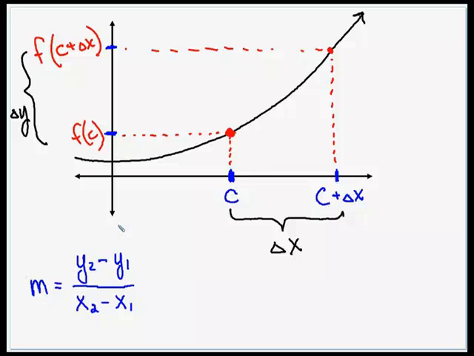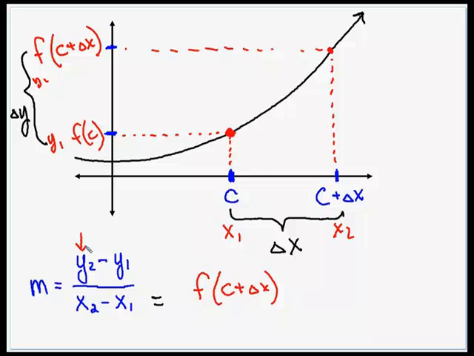So let's take what I have written here in blue, this slope formula, and make it look a little different. Let me switch over to red. Instead of x, y with 2 and 1, here we could think about this as x1 and x2, and then this here would be y1 and y2. Well, if we plug in this different notation, y2 is f of c plus delta x.